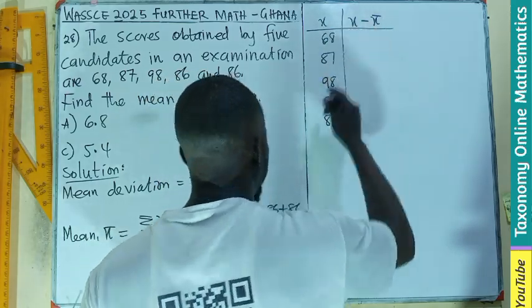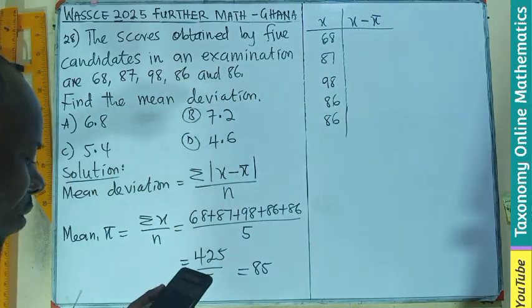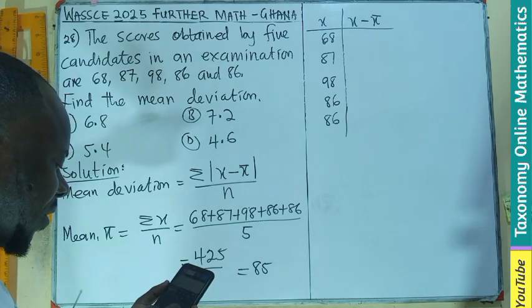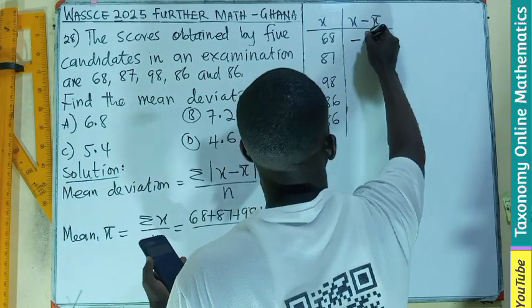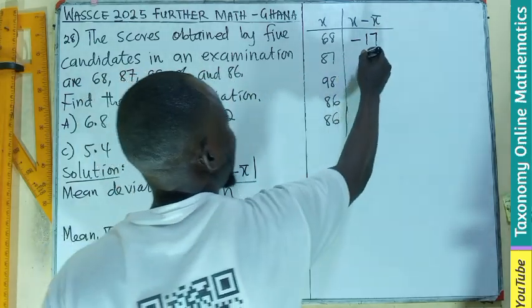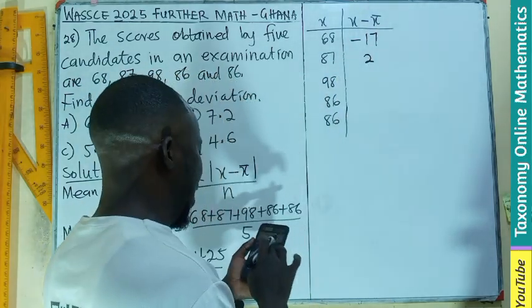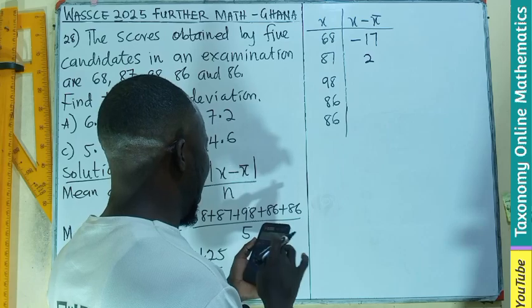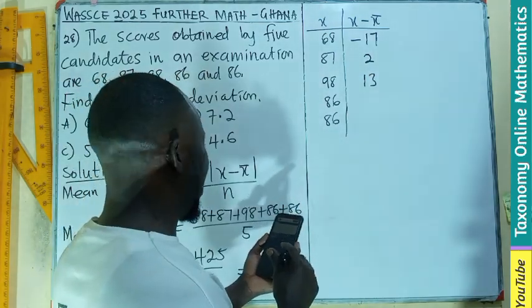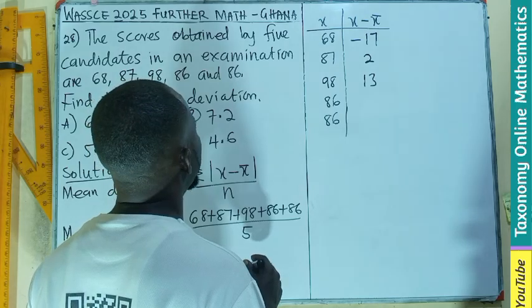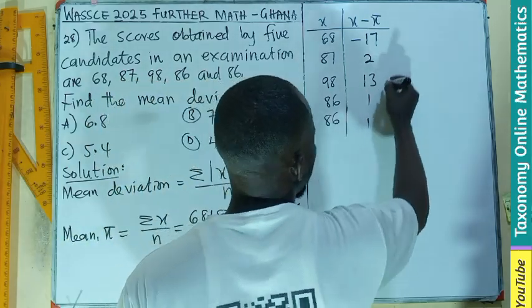If you subtract 85 from 68, you have negative 17. This will give you 2. Then 98 minus 85 should be 13, and 86 minus 85 will give you 1, 1.